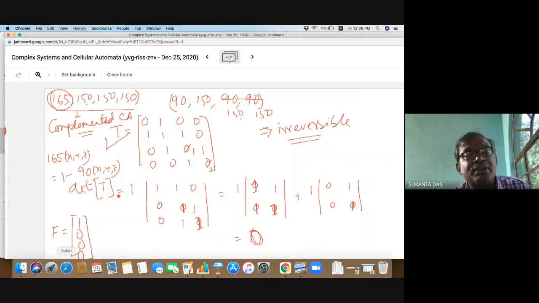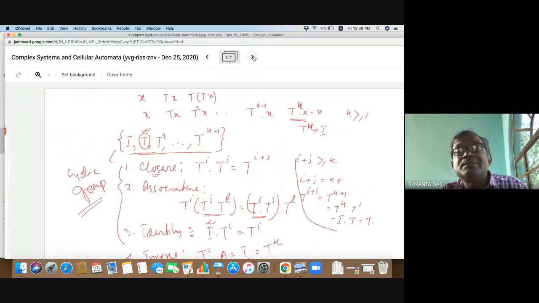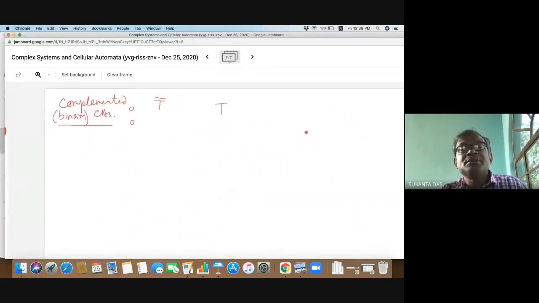This is the way of getting the F vector. So to characterize this kind of complementary CA, I need the T matrix and along with that, the F vector. Sometimes we call it the inversion vector.